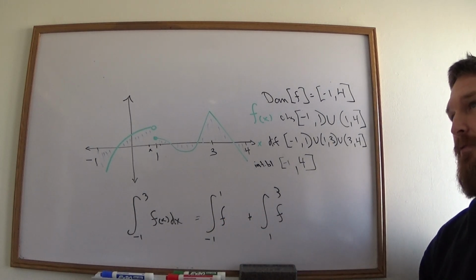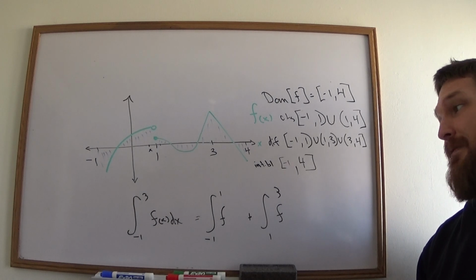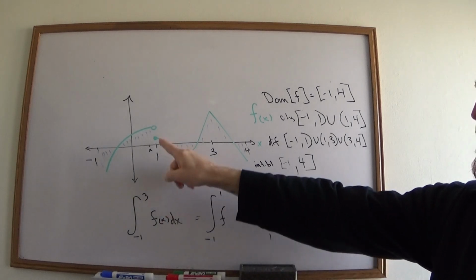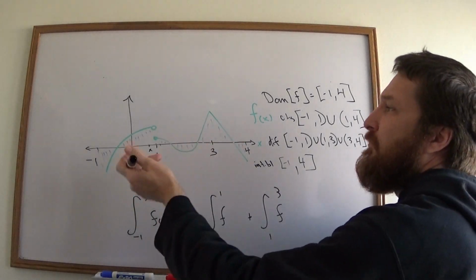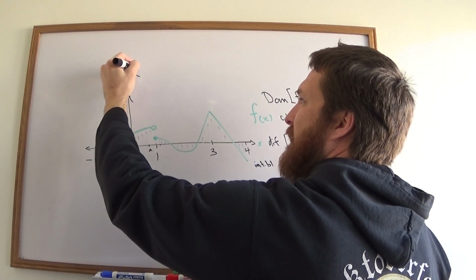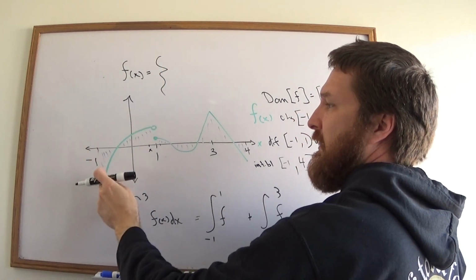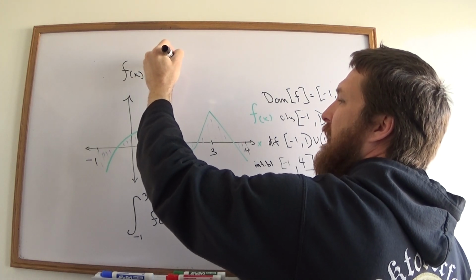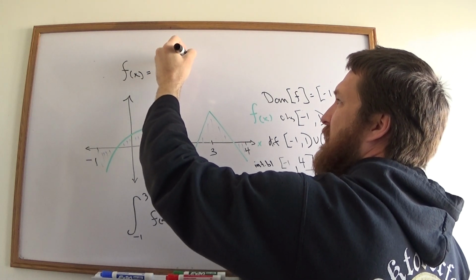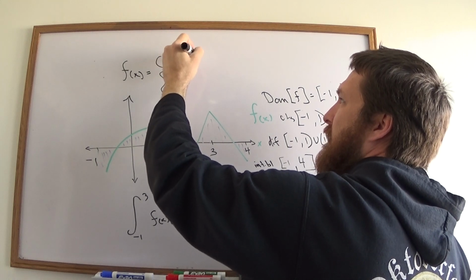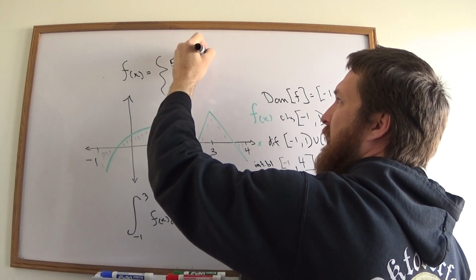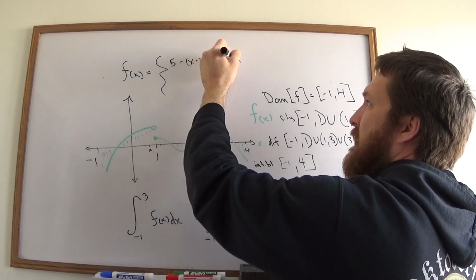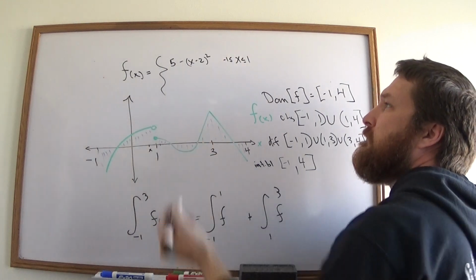The integral's a linear operator, right? So this is that, perfectly fine, because f would be a piecewise function. You would say, well, f of x is, I don't know, some kind of 5 minus x squared minus 2 or something like that on x between -1 and 1.